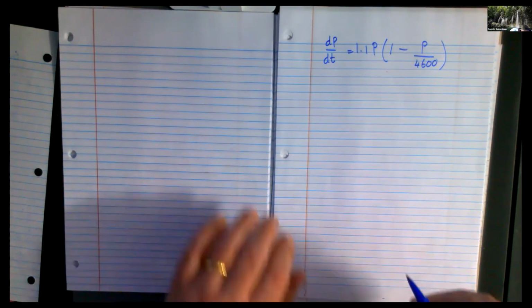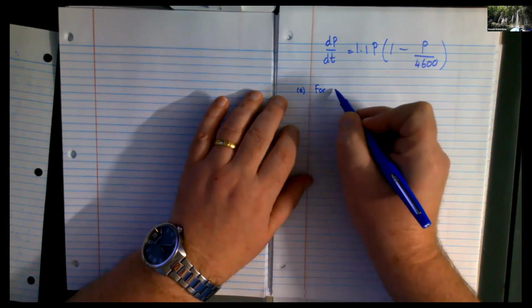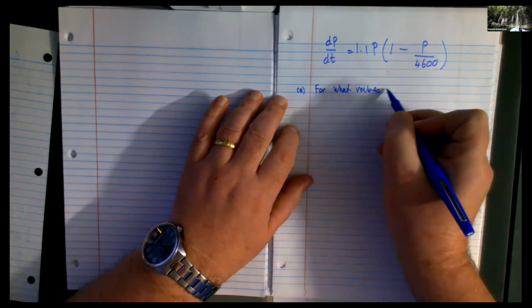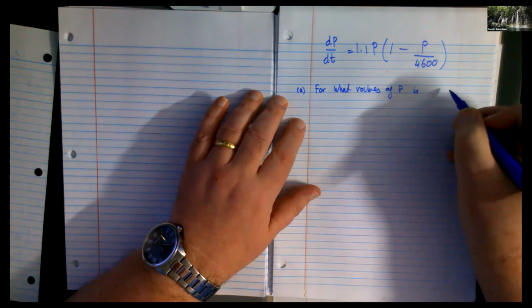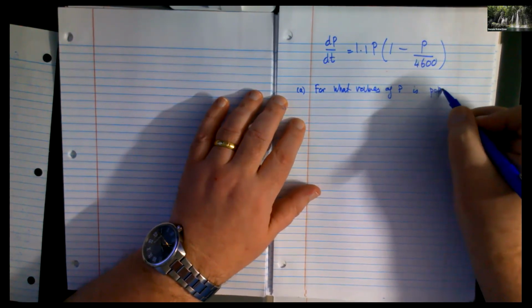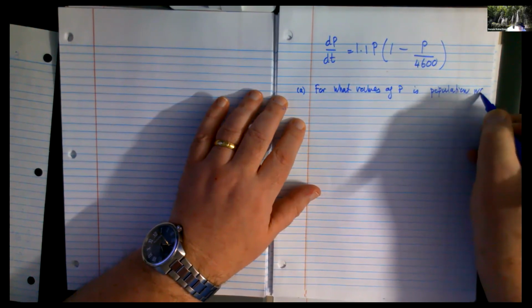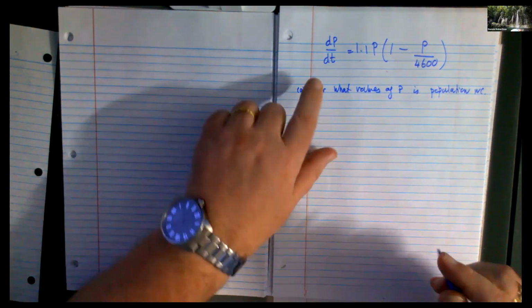And they ask us question A, for what values of P is the population increasing? Well, let's turn that into a little bit more mathematical.